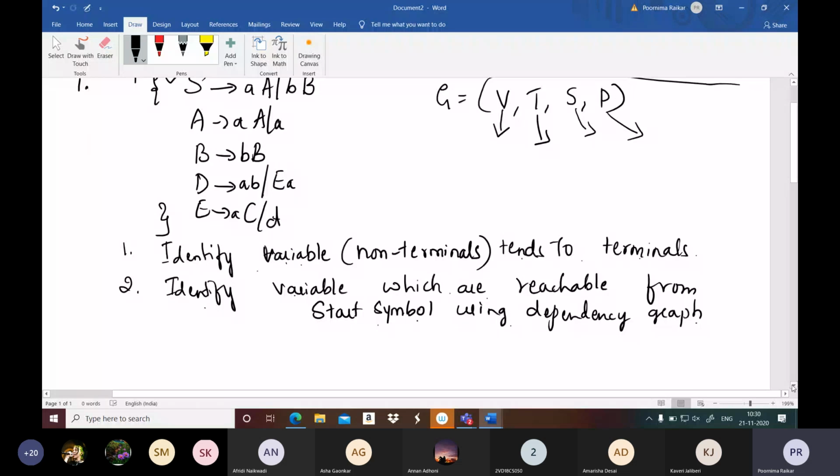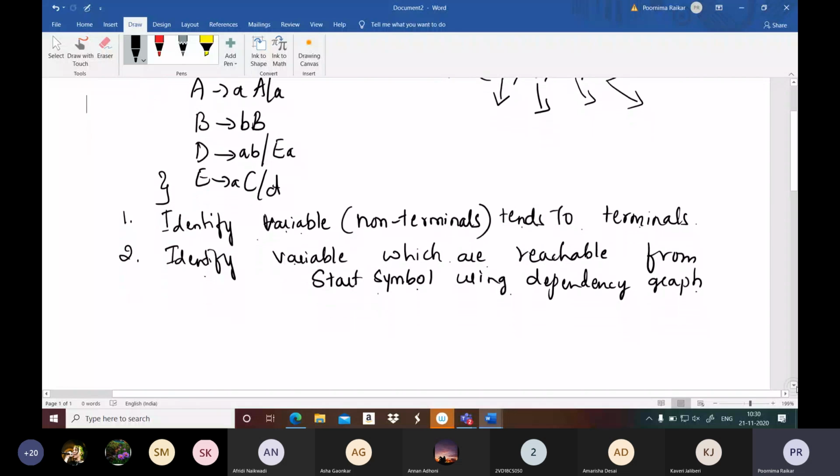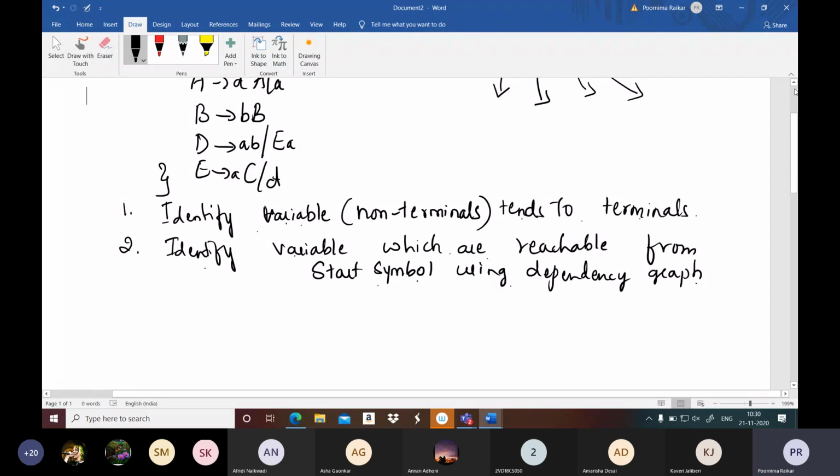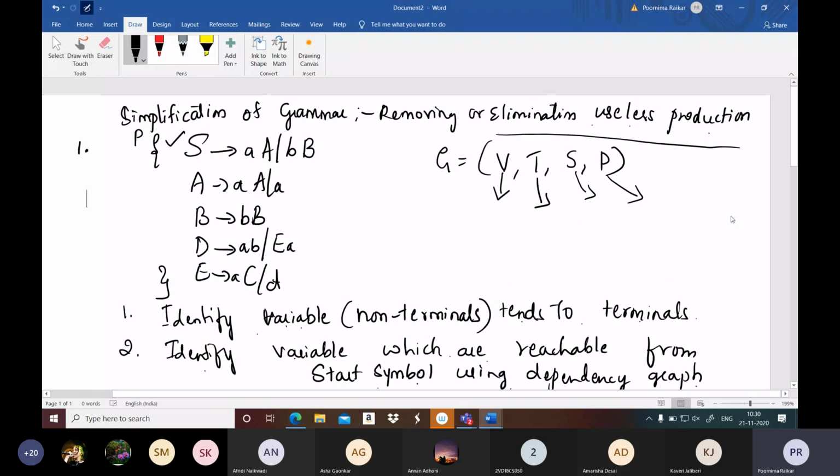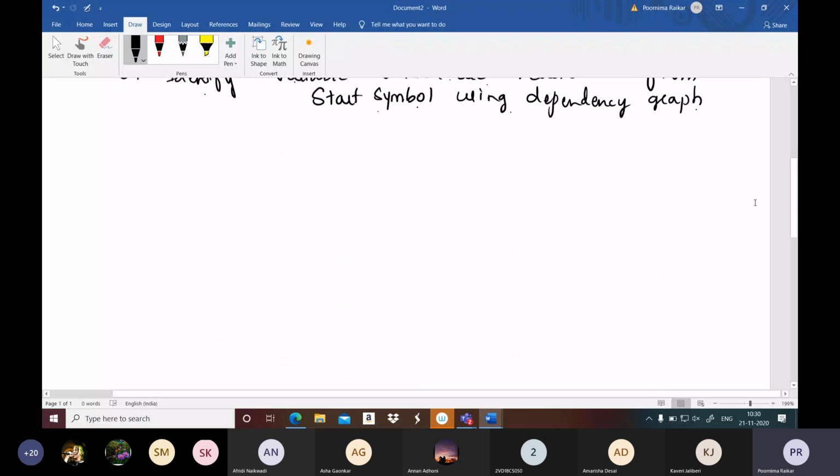So these are the conditions. Now we'll apply them to this grammar.